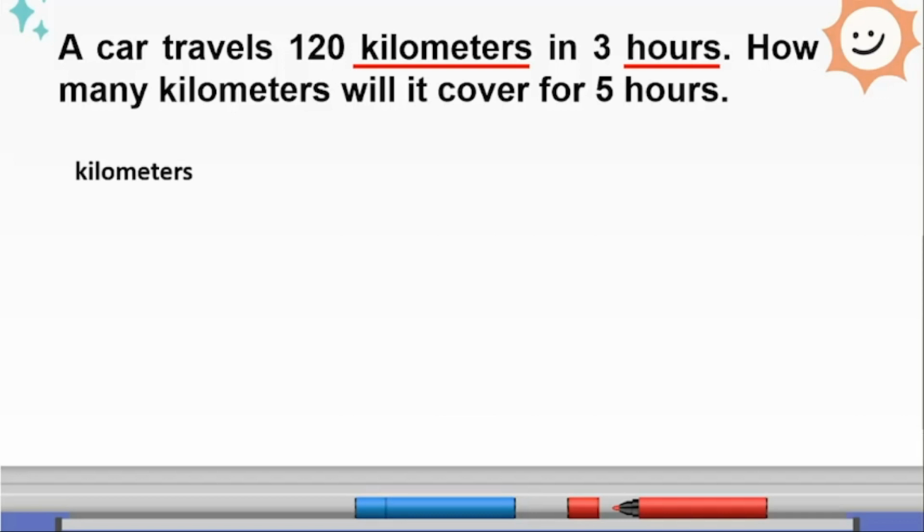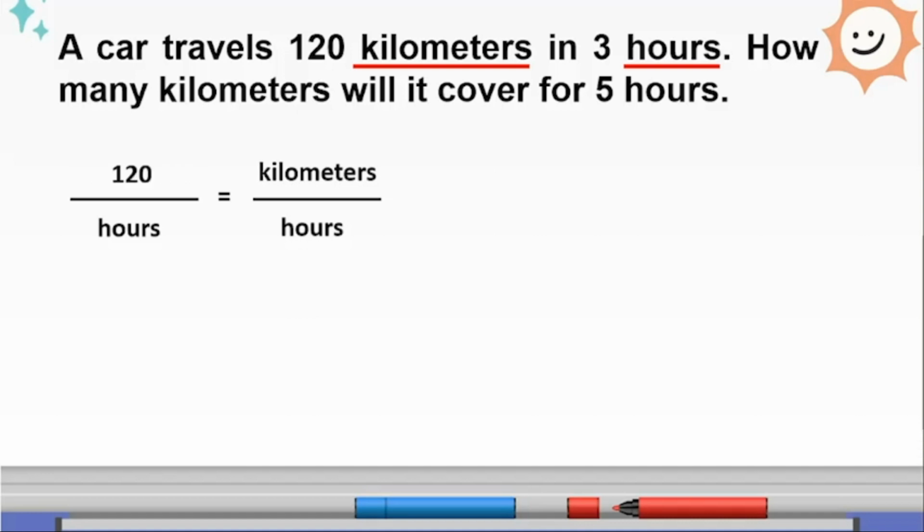So kilometers to hours as kilometers to hours using fraction form. Okay, so let's name kilometers at first, 120. Then 120 in 3 hours. Then how many kilometers? So, kilometers yung hahanapan natin ng sagot at 5 hours yung kanyang sa ilalim.